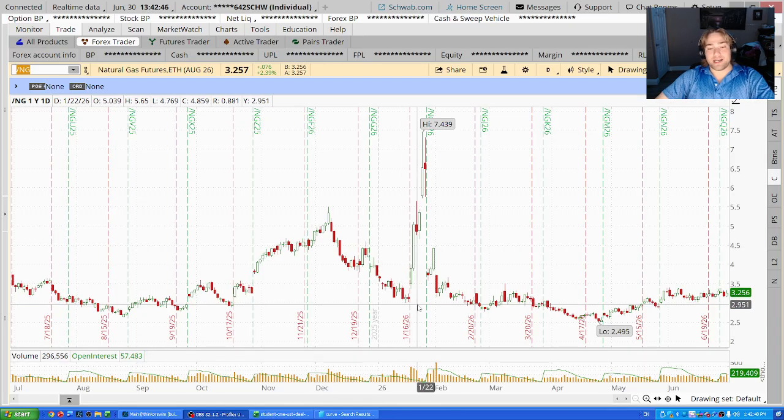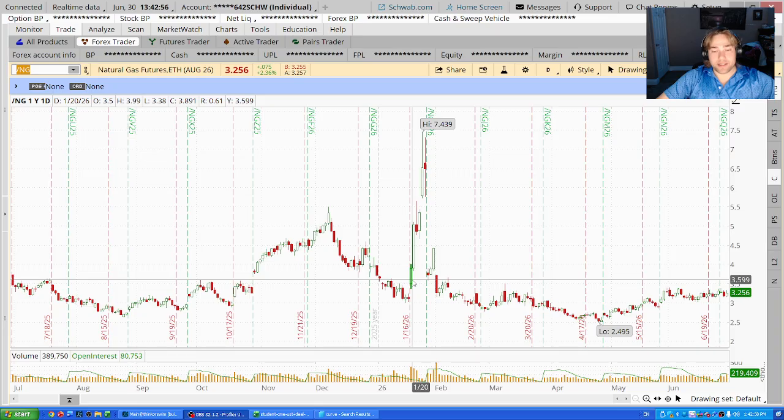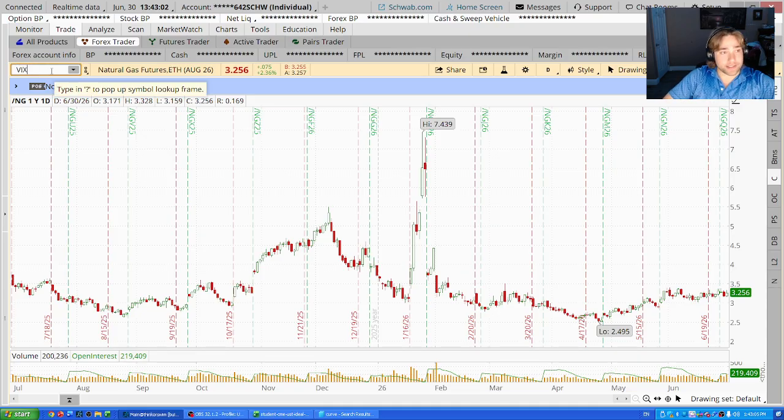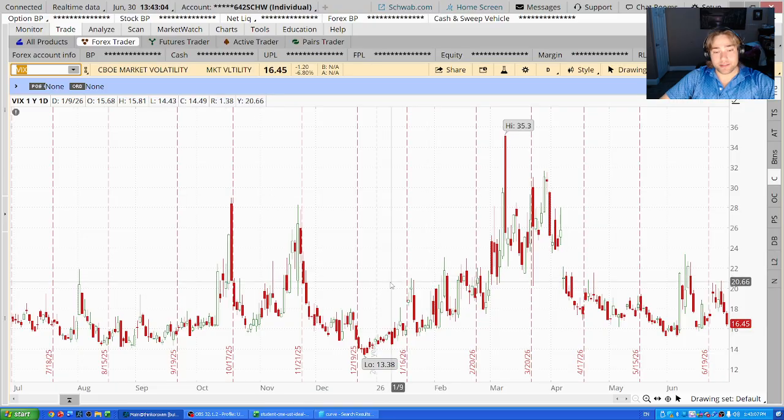For instance, that nat gas shock around January, if I am correct, let's look at the dates on this, the 20th. If we pull up our VIX index for the same time period, look at that.